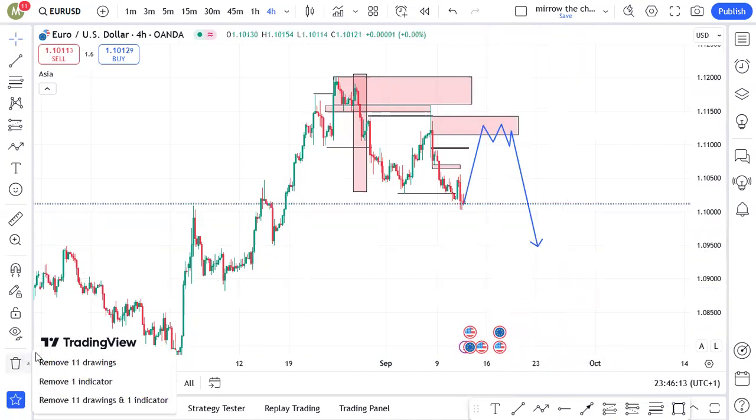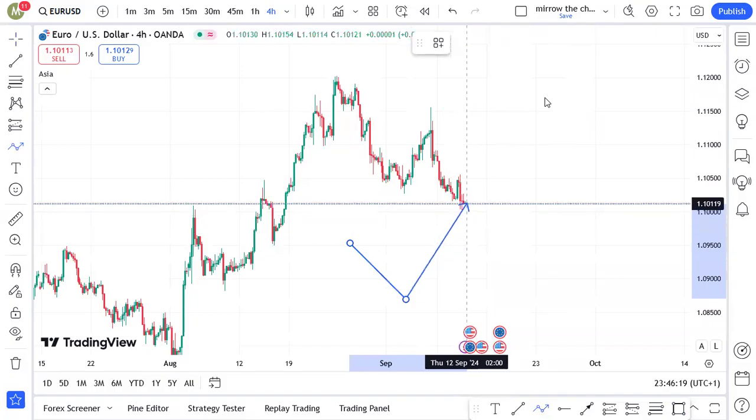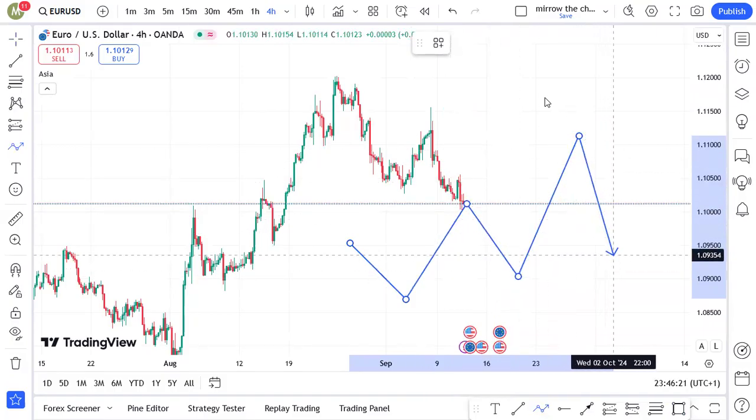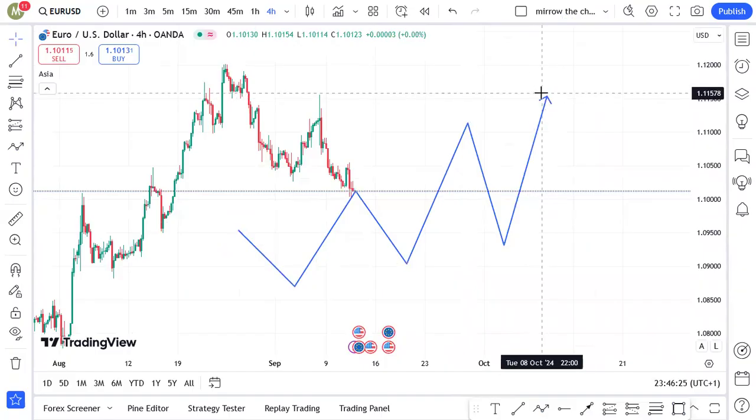You see? Range structure. After you have identified your market trend, and the market has made a current high, you know when price makes a high, it must make a low.